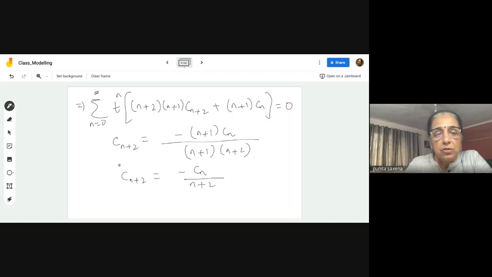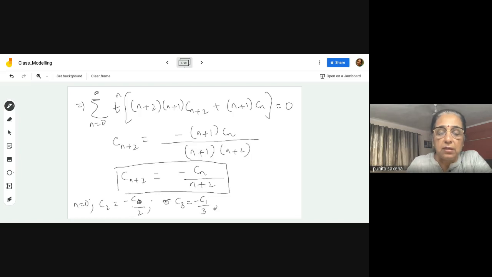Okay? So this becomes your recurrence relation. So for n equal to 0, what do you get? c_2, which is minus c_0 by 2. For n equal to 1, you get c_3 as minus c_1 by 3, and so on and so forth.